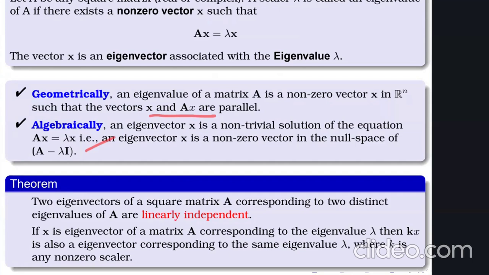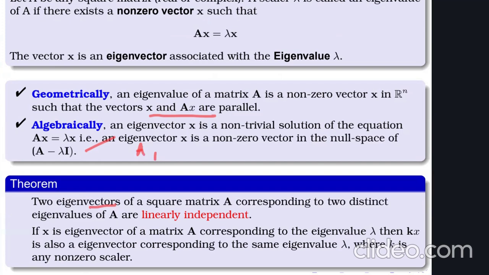One is, if there are multiple eigenvectors for the same matrix A, they will be linearly independent. There shouldn't be any dependency. One cannot be a scalar multiple of the other. If there are n vectors, they will be linearly independent. We are searching for linearly independent eigenvectors.